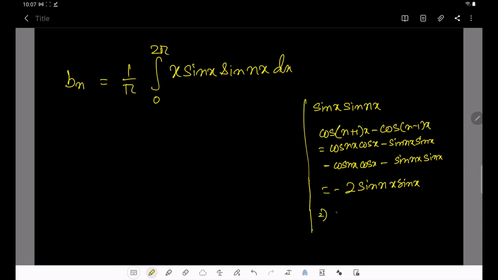So we can write that cos of (n minus 1)x minus cos (n plus 1)x, half of this is equal to sin x sin nx.